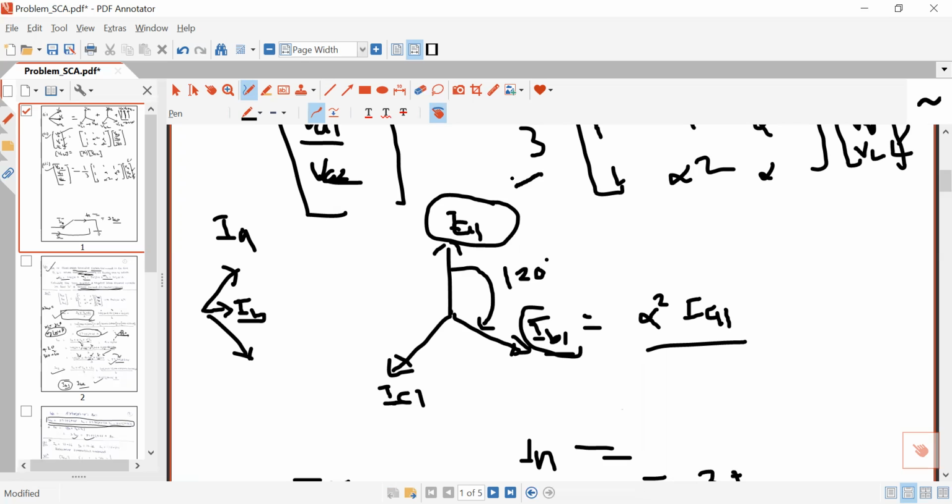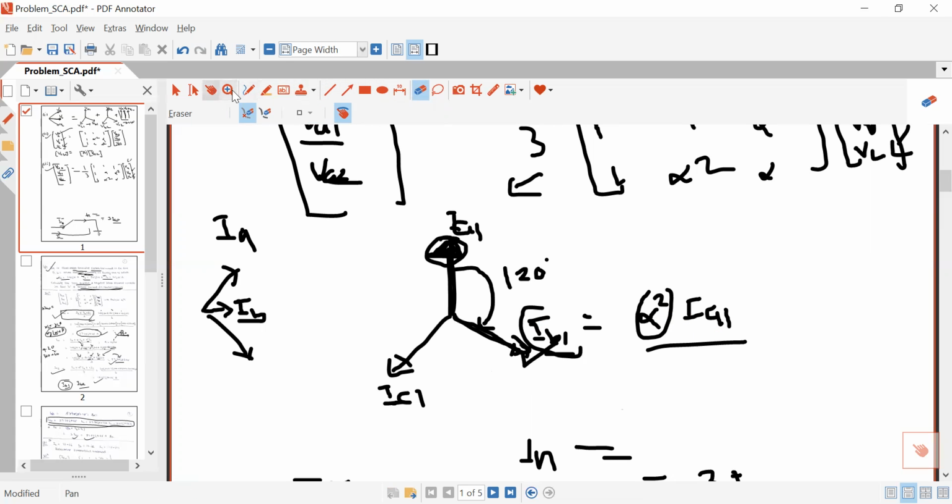So if IA1 is known, you can easily calculate IB1 from it, by rotating this phasor in clockwise direction by an angle of 120 degrees. Mathematically, when you multiply alpha square to this phasor, it rotates in clockwise direction.